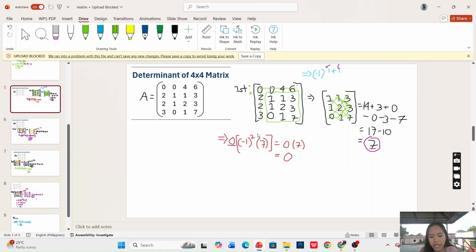So that would be 0 times negative 1 squared times 7, which is equal to 0 times 7. So that would be equal to 0. This 7, we get from our answers, so that's why we put 7 here.